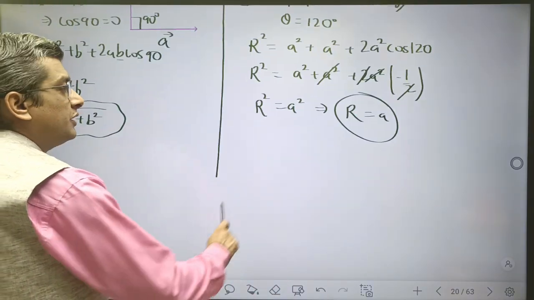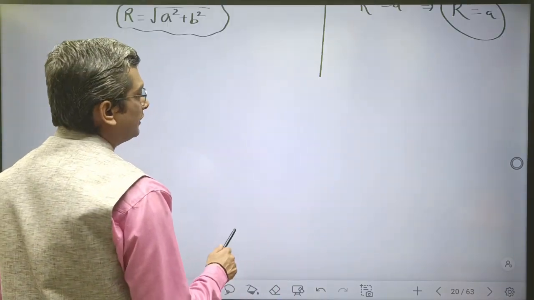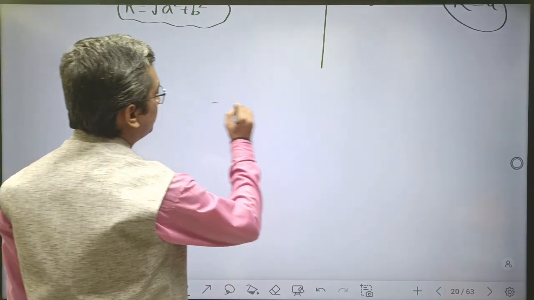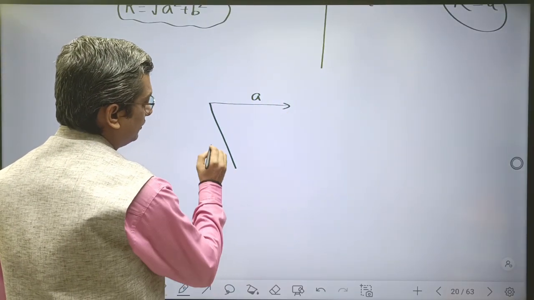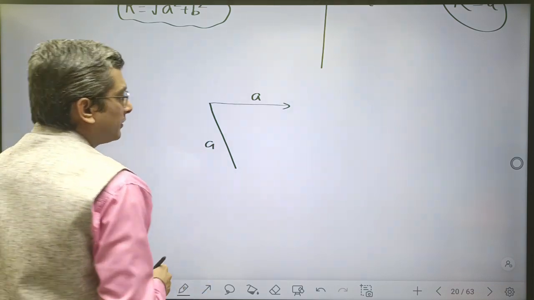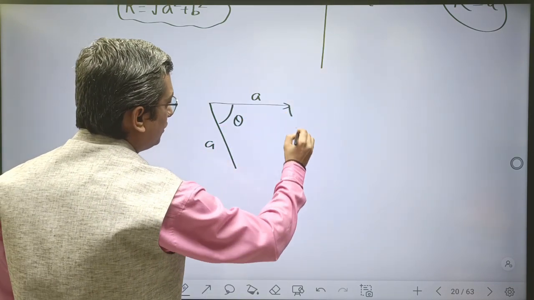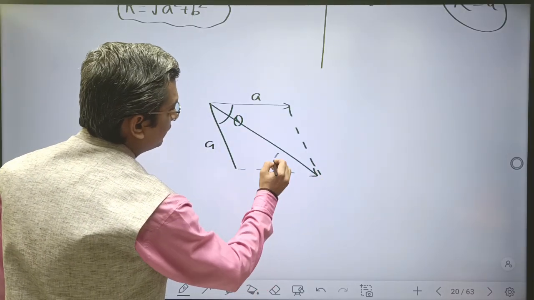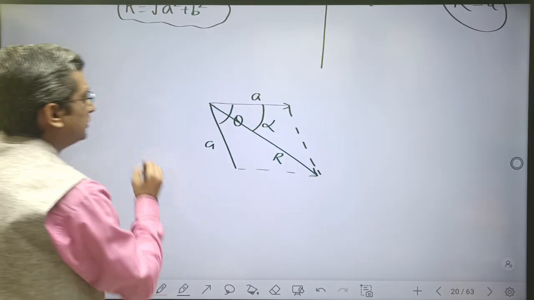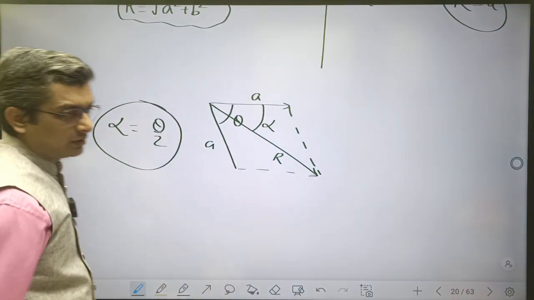Now, one more thing I want to share with you concerns vectors having the same magnitude. Let us suppose this is vector A having magnitude A, and this is another vector with magnitude A. Suppose the angle between them is theta. Now if I construct a parallelogram and this shows the resultant vector R, and this angle is alpha, then alpha is given by theta by 2. This is very important.